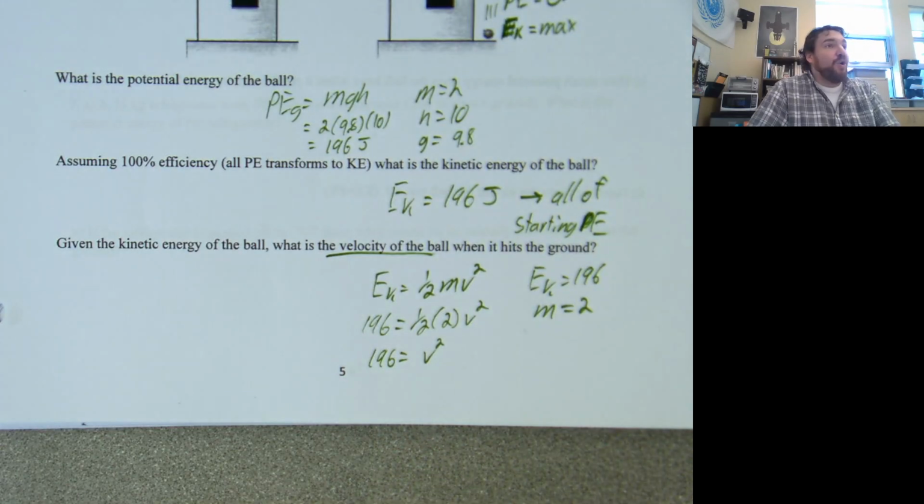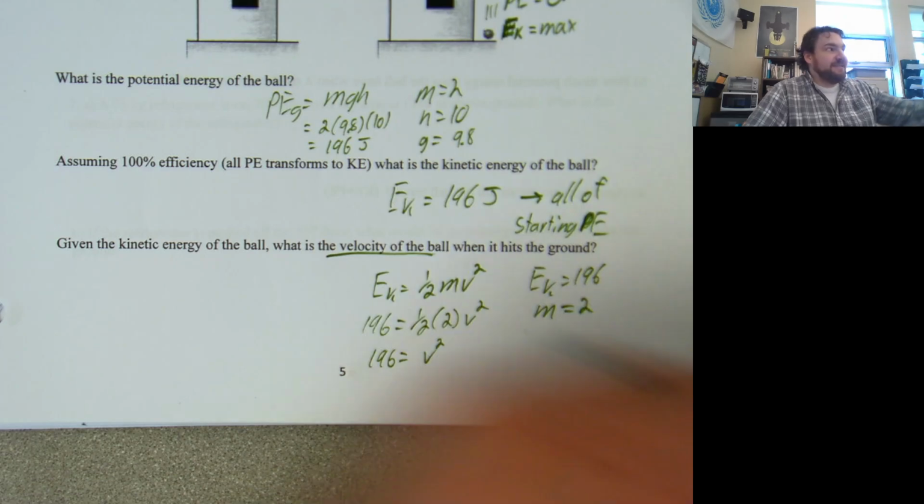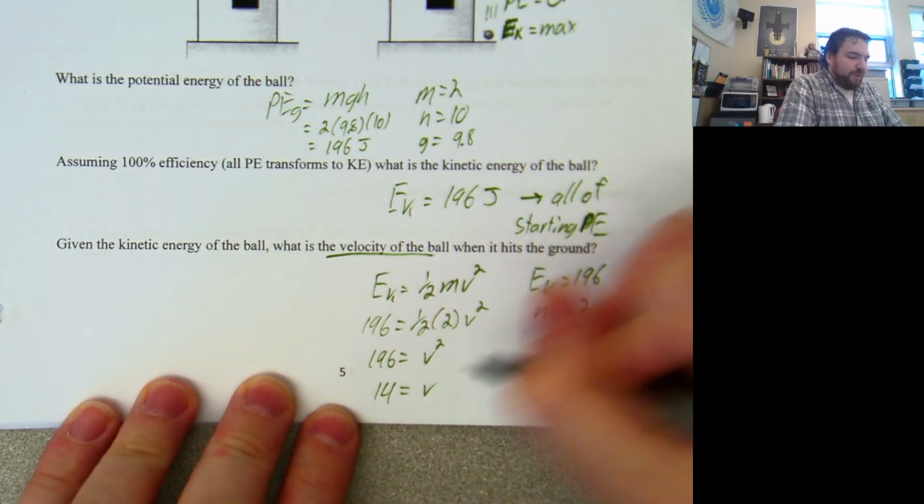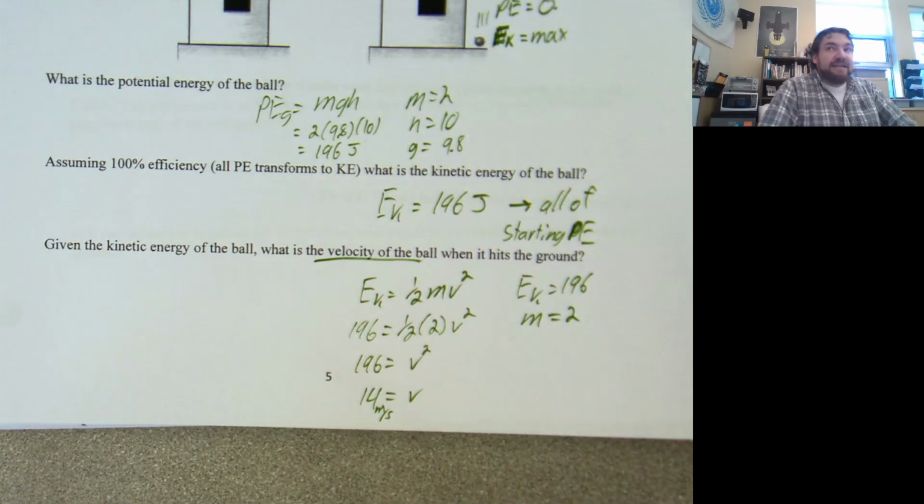And what is awesome about 196? 196 is a perfect square. If you had me for Math 9, I had you memorize all the perfect squares up to 400. So the square root of 196 is 14. 14 meters per second is equal to v.